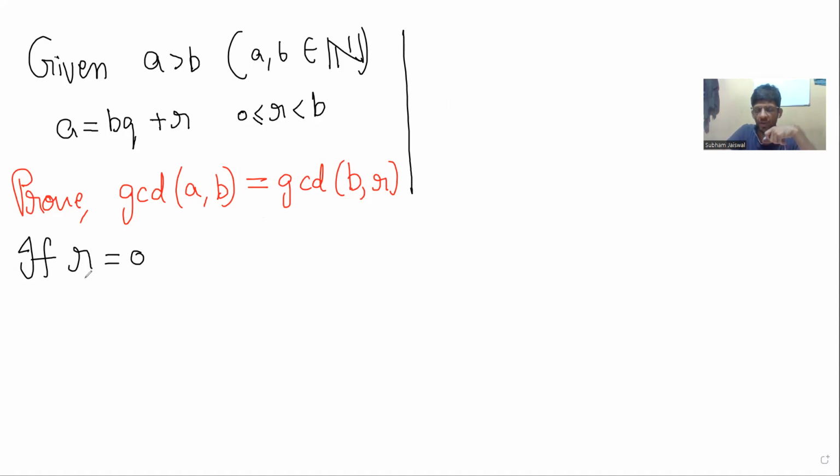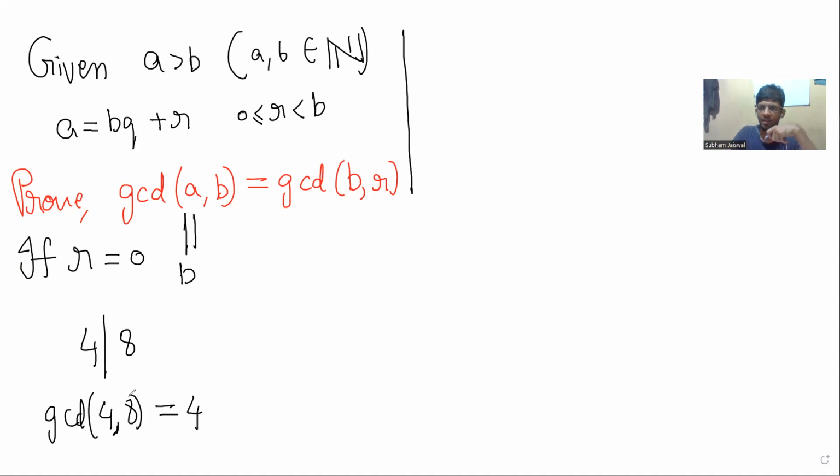So if r is equal to 0, then what is the GCD of a and b? Does everybody see that? Since 4 divides 8, the GCD of 4 and 8 is equal to 4. The greatest common divisor is the divisor itself. What is the GCD of b and r?